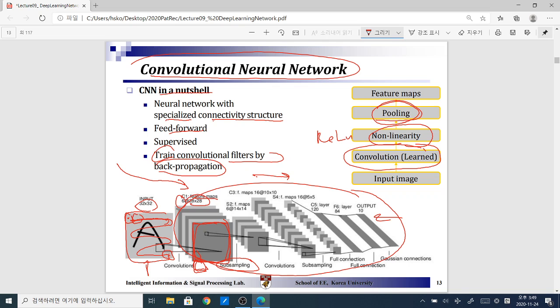So this 28 by 28 becomes, for example, 14 by 14. And we have a pair of these go through once again: convolution is done one more time, and then subsampling, and so forth.